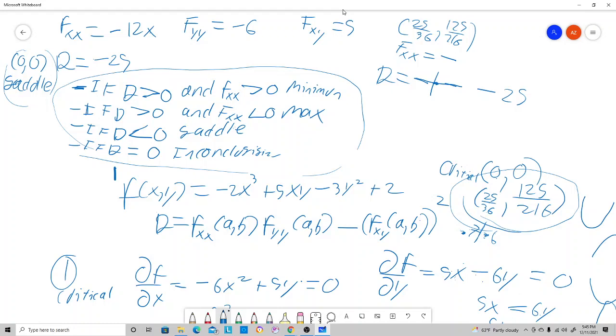And then 125 over 216 we can round to maybe 0.58. So negative 12 times 0.7 is negative 8.4, and then we multiply it by negative 6. We're going to have 50.4.